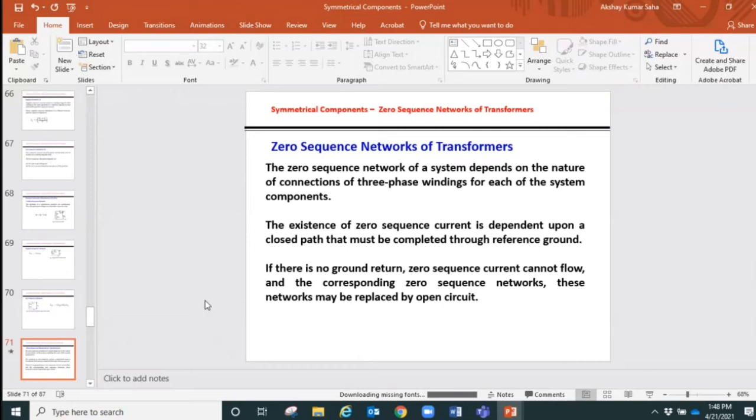We know that no load current is very small compared to the full load or rated current of a transformer, a very few percent, 1 or 2%. But that no load current actually does a lot of things: it sets up the magnetic flux, and it also supplies a little bit of losses in the transformer.